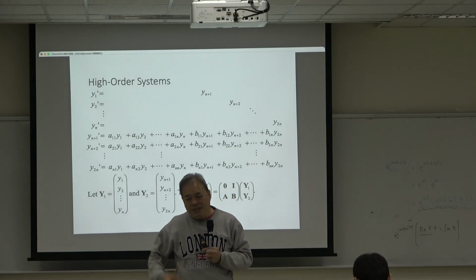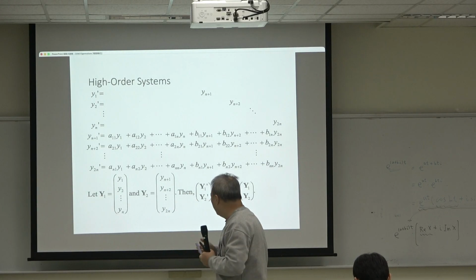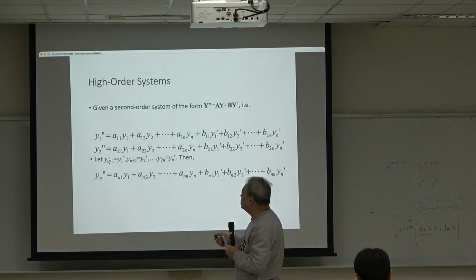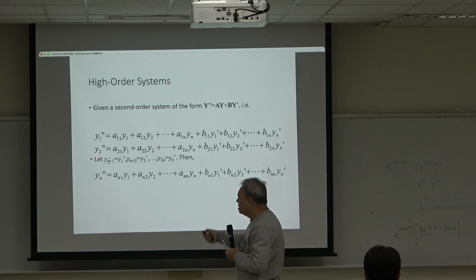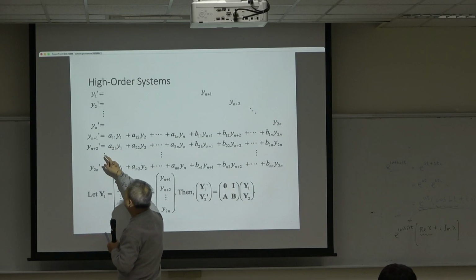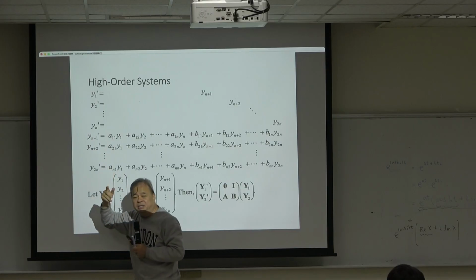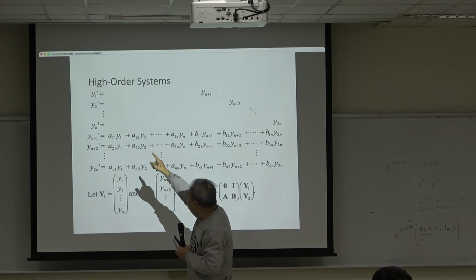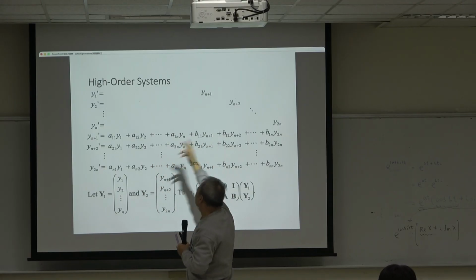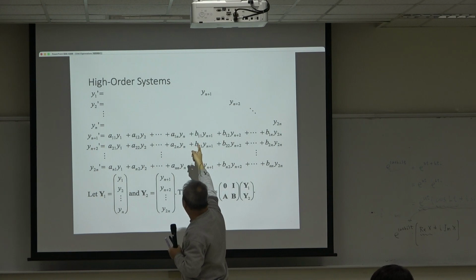With the help of these additional variables, what you can do with the original y1 double prime, y2 double prime, and so on, is that y1 double prime becomes y_{n+1} prime. Because we know y_{n+1} is y1 prime.